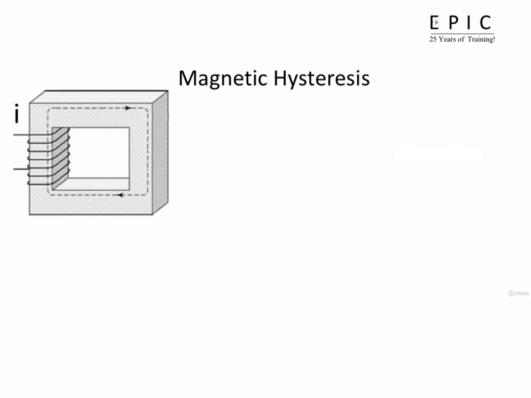In a magnetic system, hysteresis is seen in a ferromagnetic material that tends to stay magnetized after an applied field force has been removed if the force is in the reverse direction. So let's see how that works.